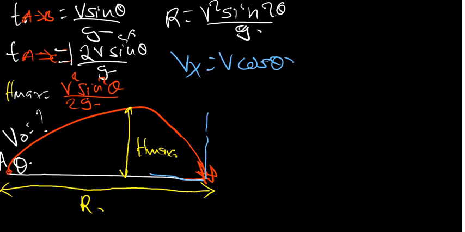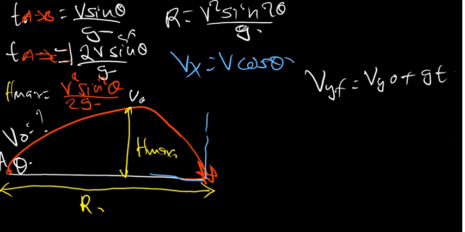To find the velocity in y direction, we are going to use this formula. We are going to say vy final is going to be equal to the vy initial plus gt. Okay, now we are talking about this trajectory coming here, so the initial velocity at this particular point is going to be 0.